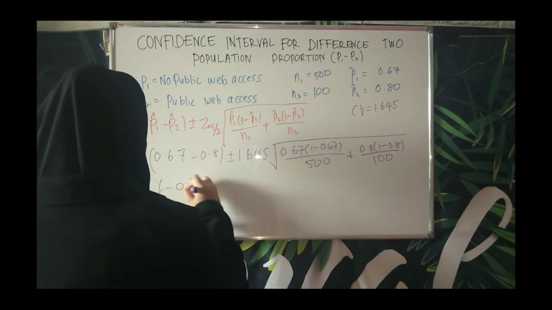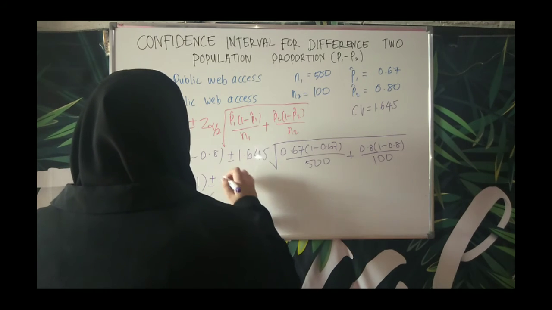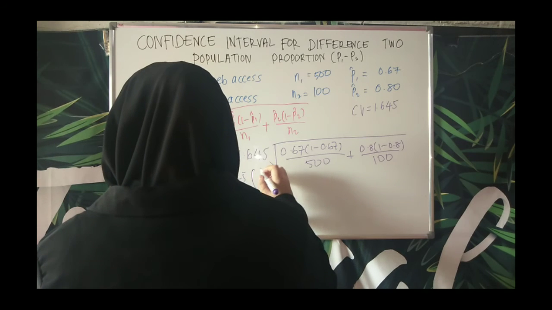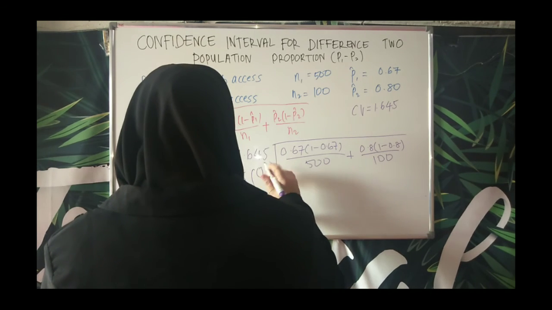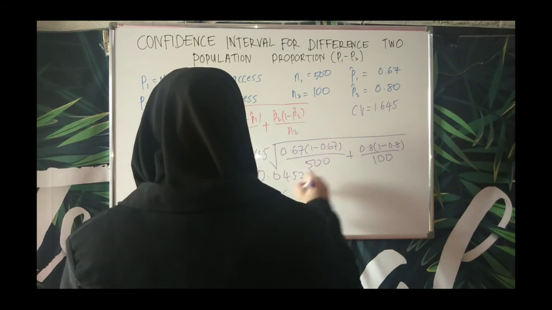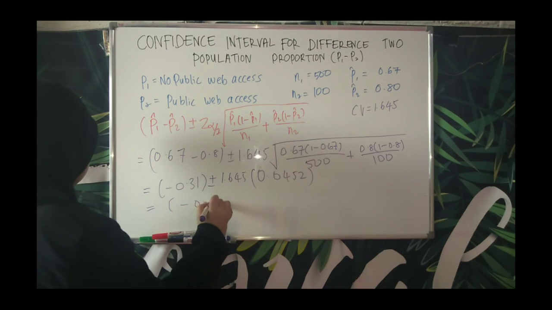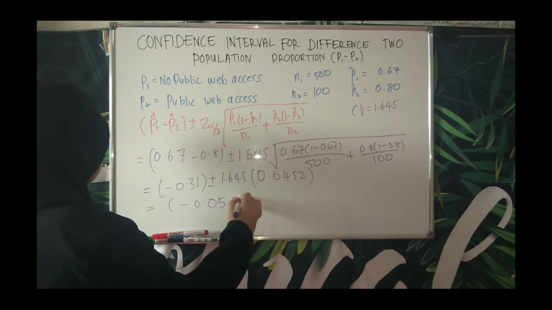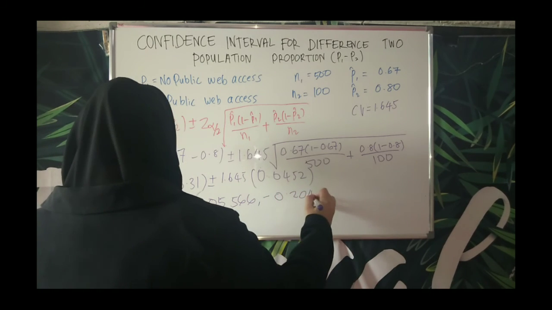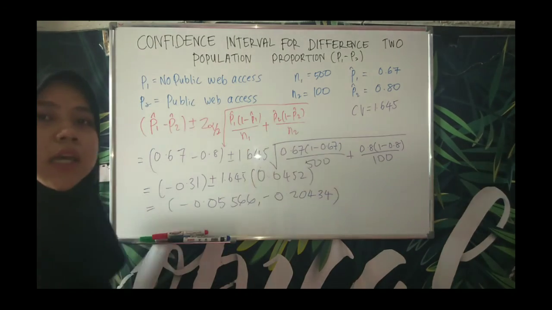We get negative 0.13, plus or minus 1.645 times 0.042. So the answer that we get is negative 0.0566 and negative 0.243.